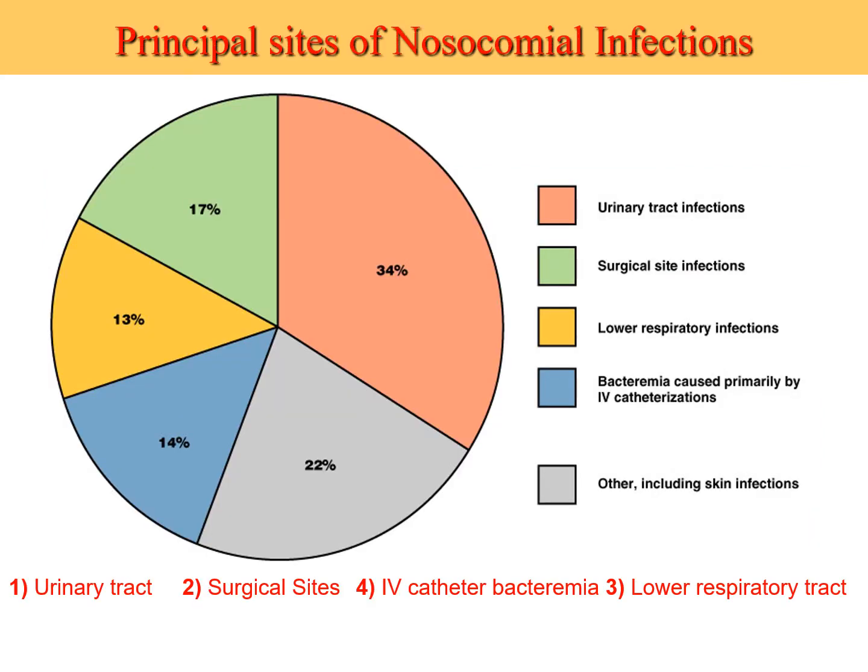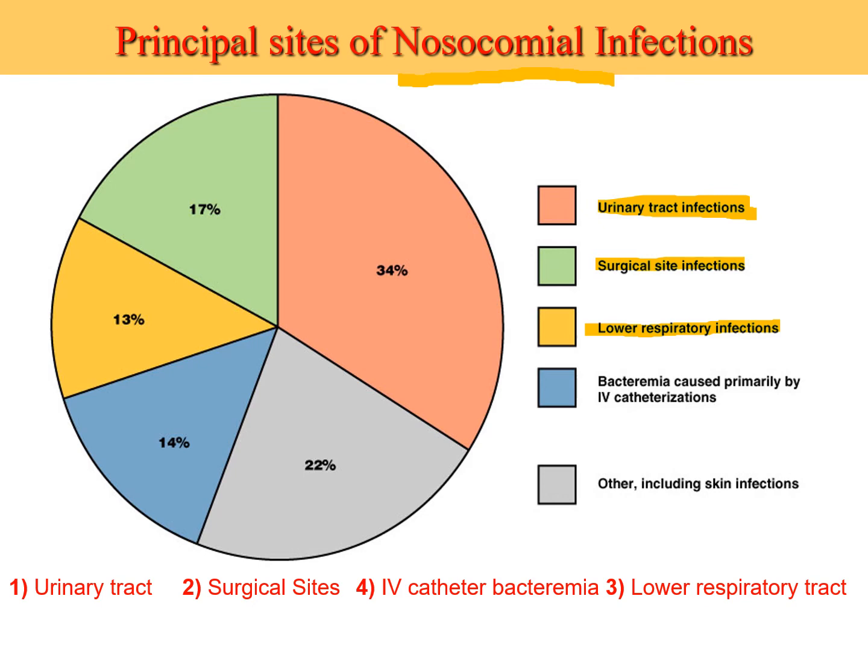When you look at the main site of infection, nosocomial infections, number one by far, urinary tract infections. Patients pick these up very commonly. Surgical site. Lower respiratory infections, that means from the epiglottis down is the lower respiratory tract.